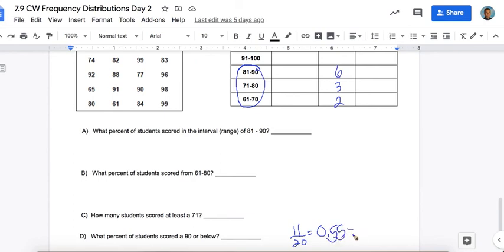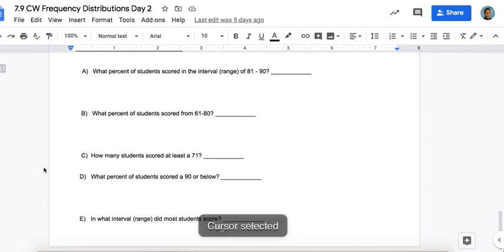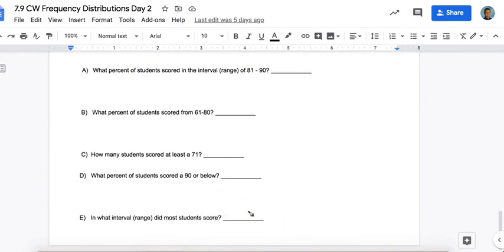The percent would be 55%. And finally, question E, what interval range did most students score? I'm looking for the biggest frequency, which would be this one right here, 91 to 100. So letter E was 91 to 100.